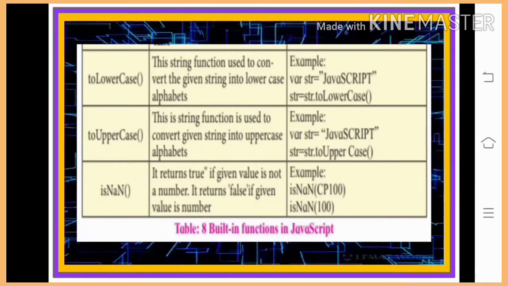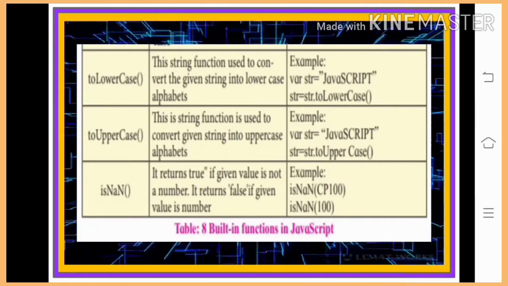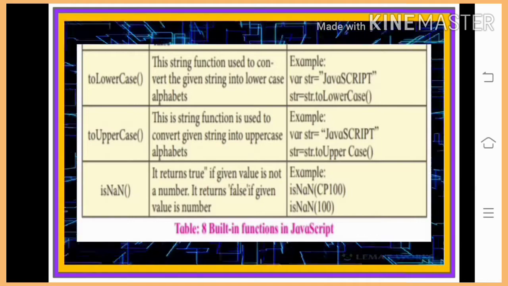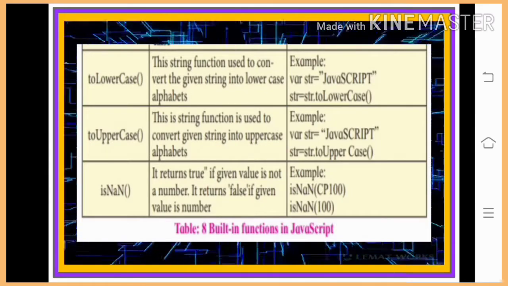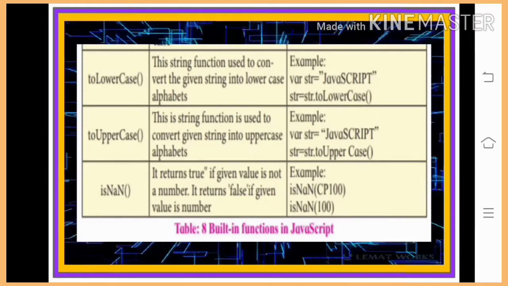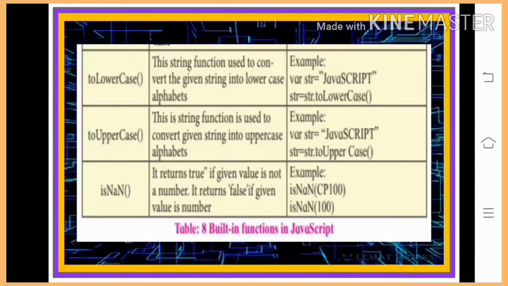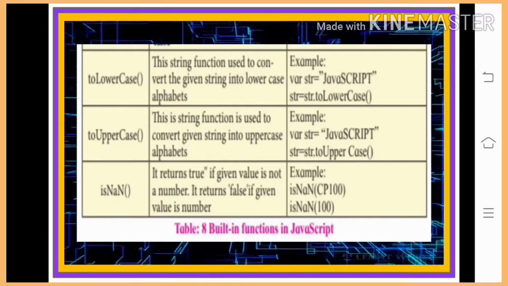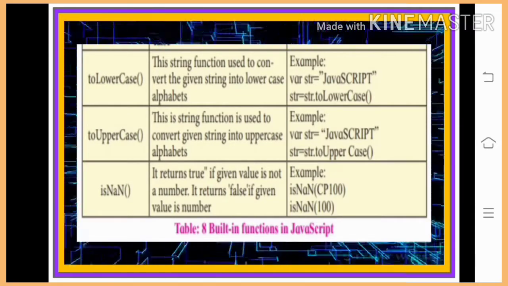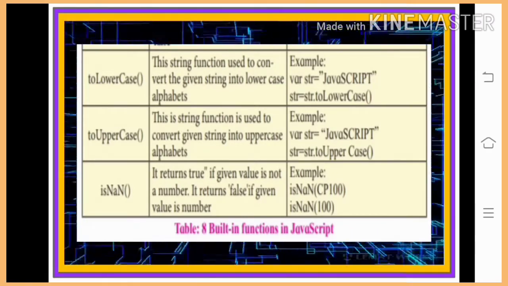For example, if str is a variable having JavaScript string, and if you write str equal to str.toLowerCase function, then you will get JavaScript in lowercase letters. Just like lowercase, there is a toUpperCase built-in function, where U and C is capital. This string function is used to convert given string into uppercase alphabets.